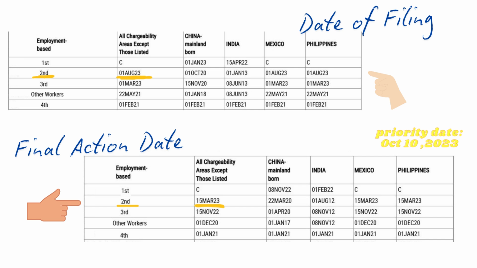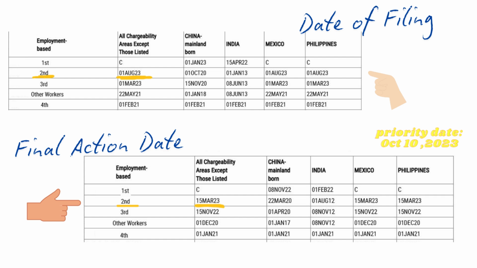So that means anyone who applied for their I-140 before that date can send their application for the next step, I-485. But since my priority date is October 10, 2023, which is later than 1st August, I'll have to wait until the date goes all the way to October 10.